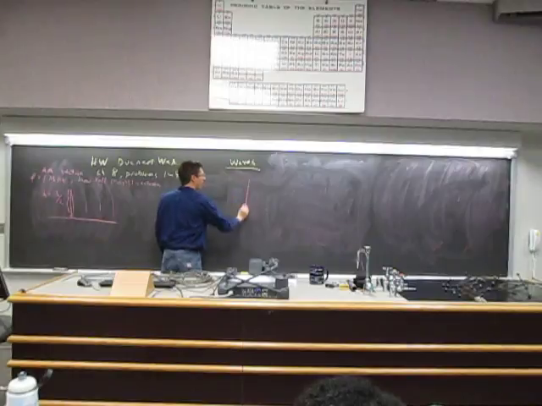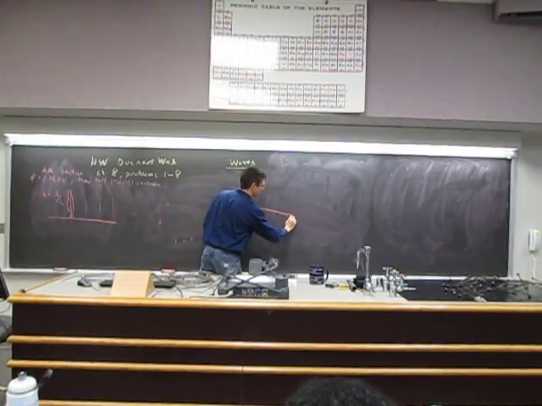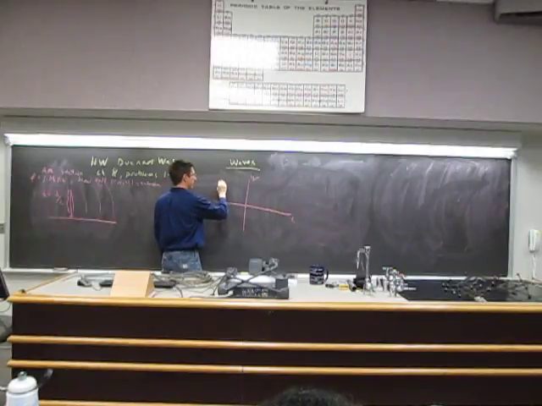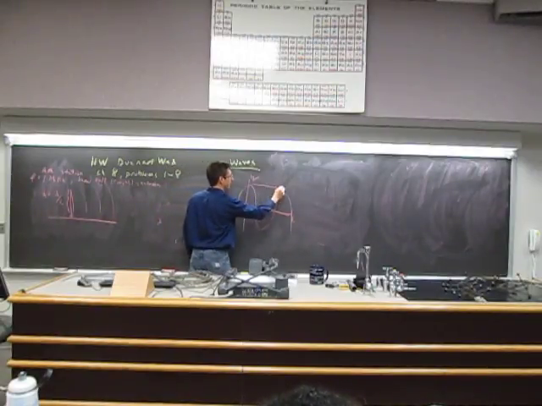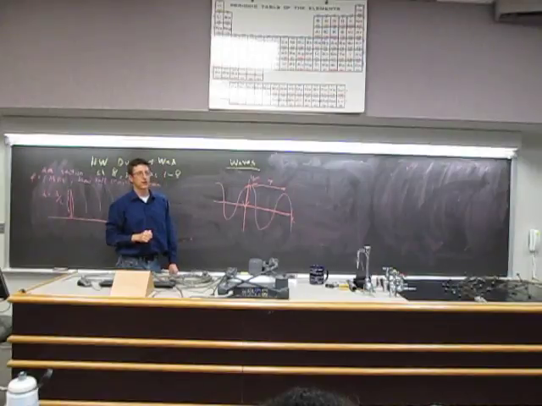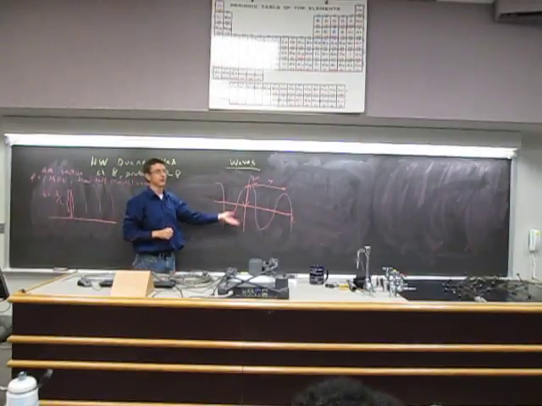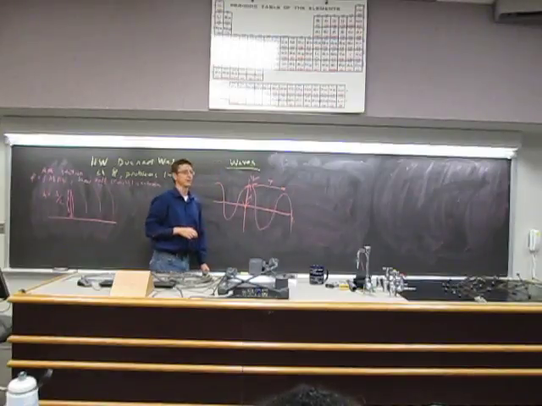So I'm going to draw, this is in space, this is in time, my wave, the point on the wave goes up and down with a period T. We'll call this the height that whatever is making the wave goes up to. We'll call this the amplitude of the wave, A.